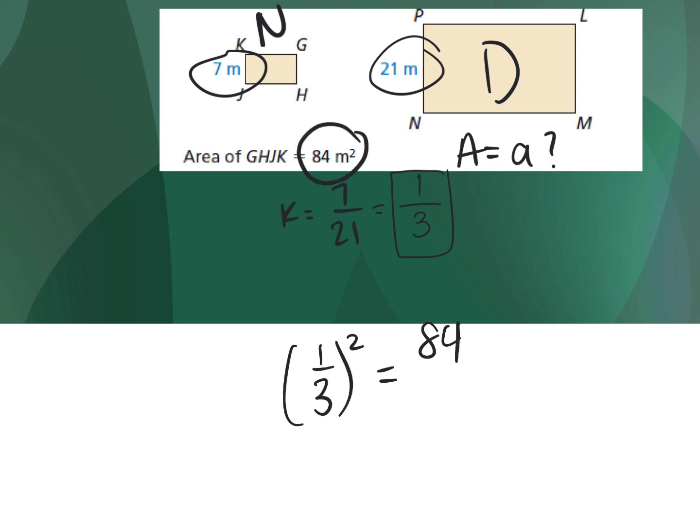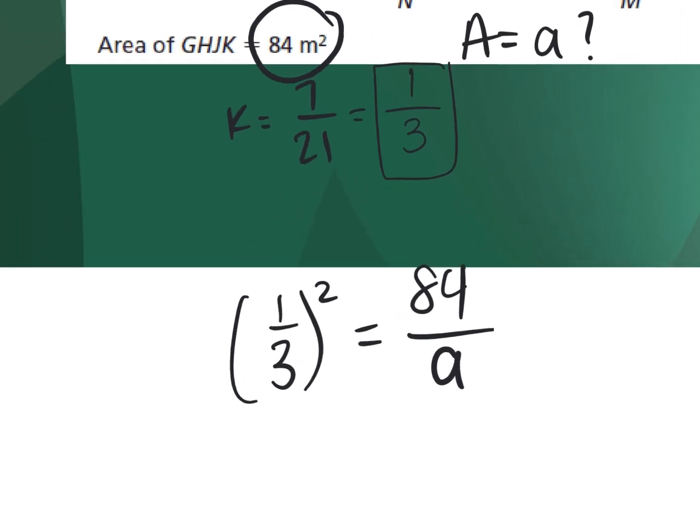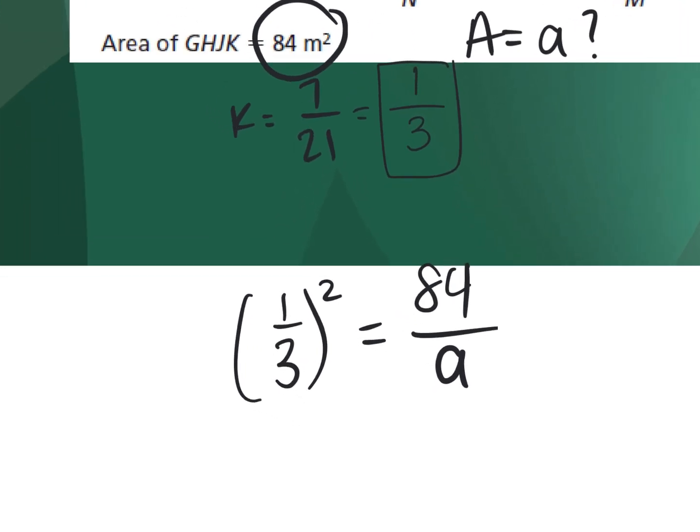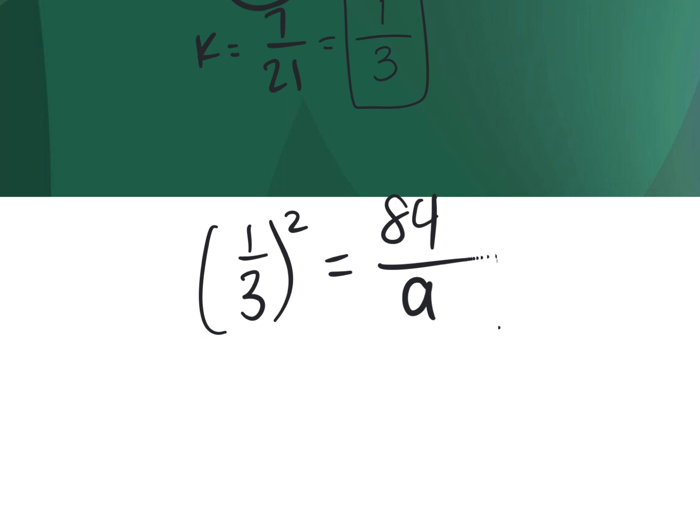That was the area of the numerator's figure. Over what? A, or X, whatever you made your area variable. What is 1 over 3 squared? Remember, it's 1 over 3 times 1 over 3. 1 over 9. So 1 over 9 equals 84 over A.